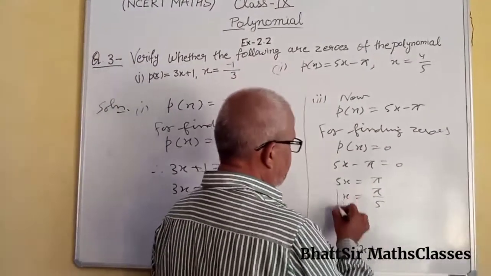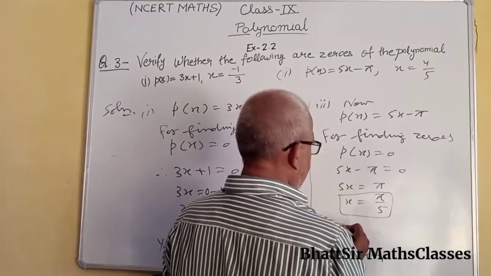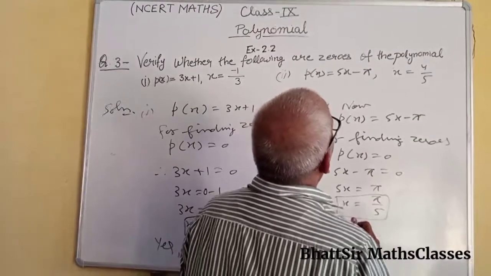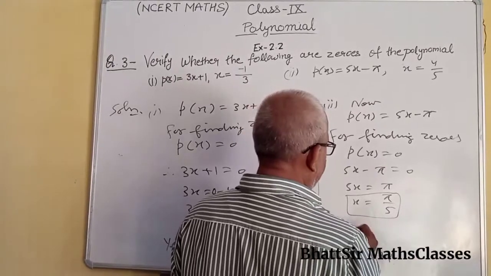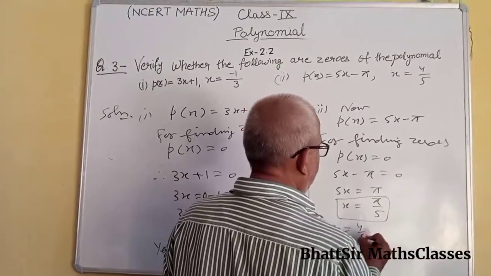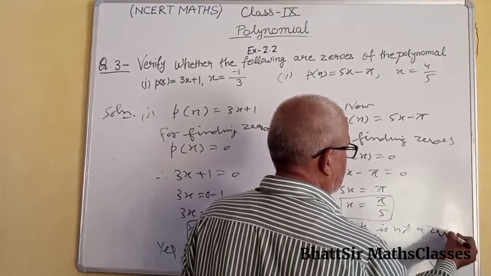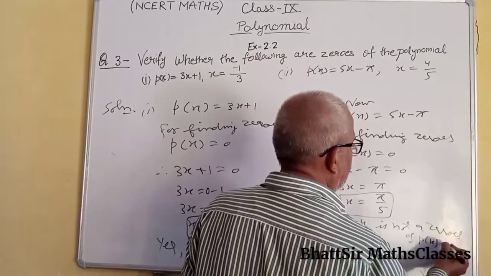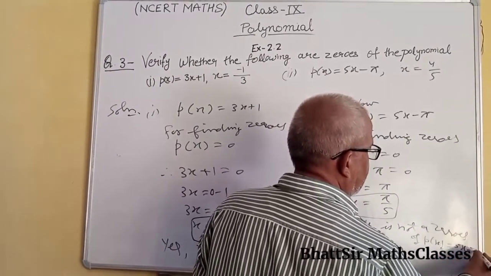Therefore x equal to 4 upon 5 is not a zero of P(x) equal to 5x minus pi.